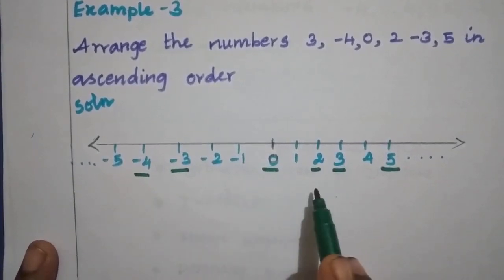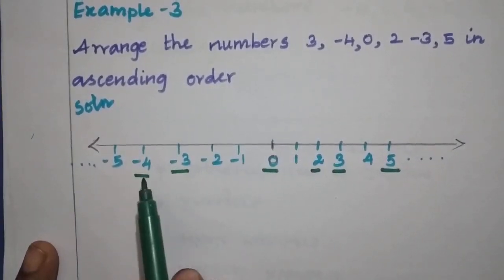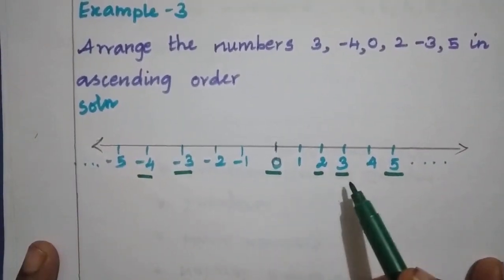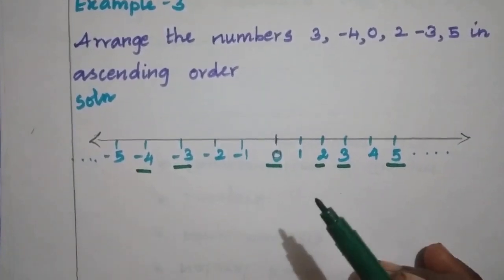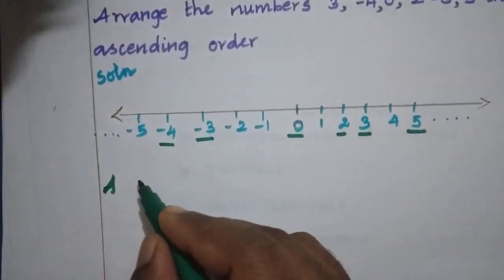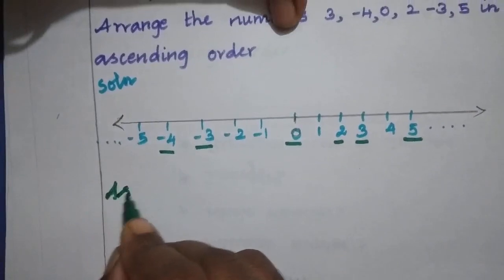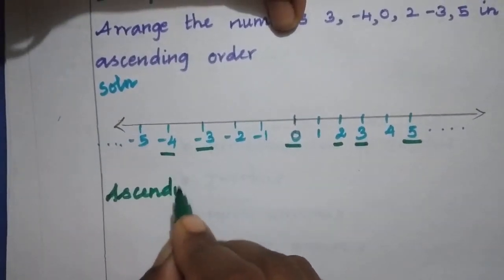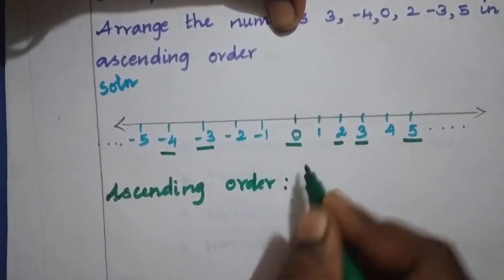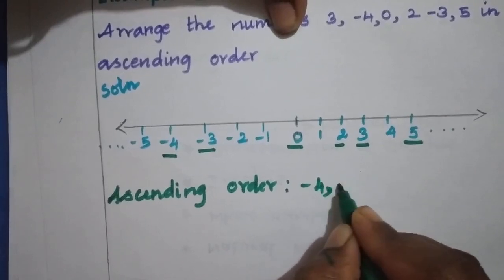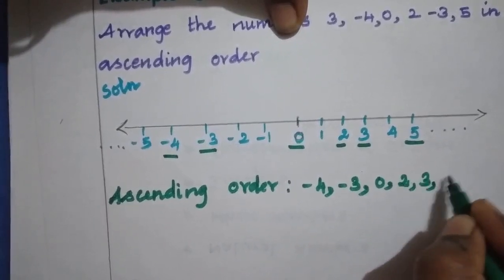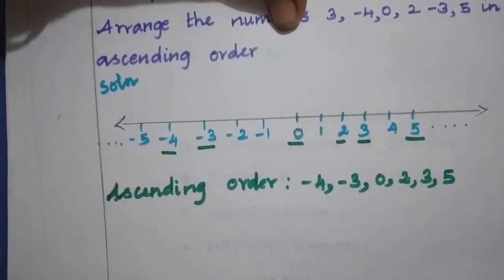So we can write the numbers in ascending order: minus 4, minus 3, 0, 2, 3 and 5. Is it clear, children? Yes.